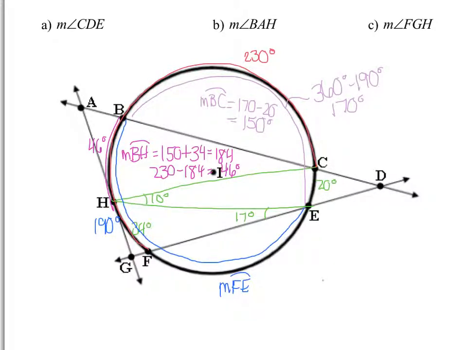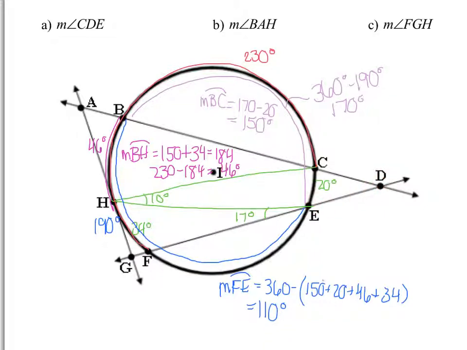So it's really just 360 minus 150 plus 20 plus 46 plus 34. That's going to come out to 110 degrees. So the first thing I need to find is the measure of angle CDE.